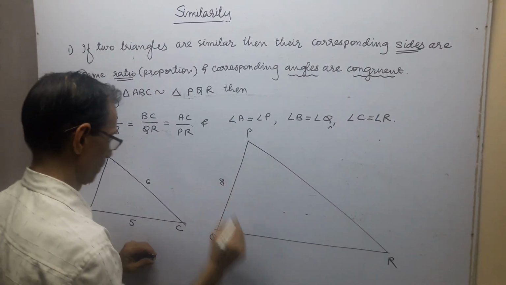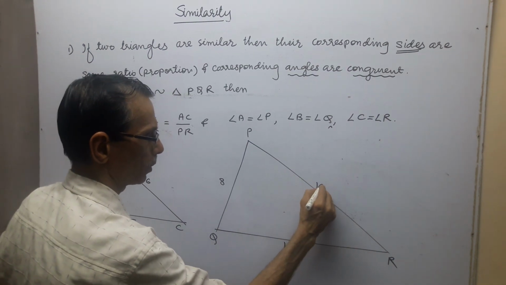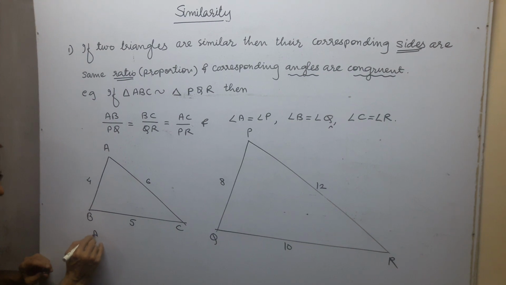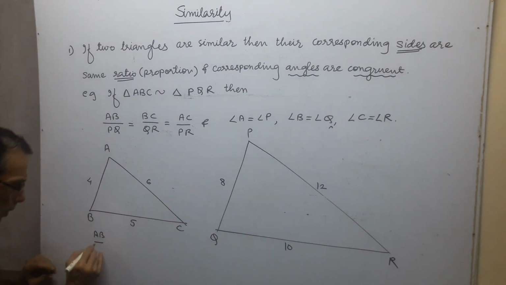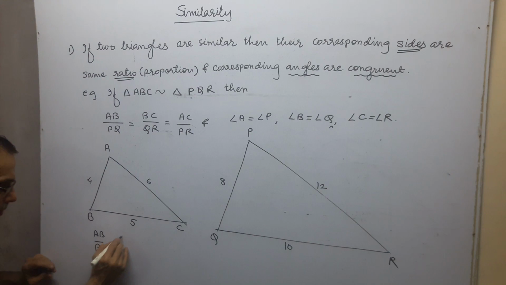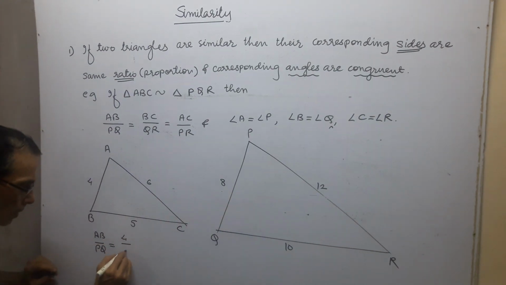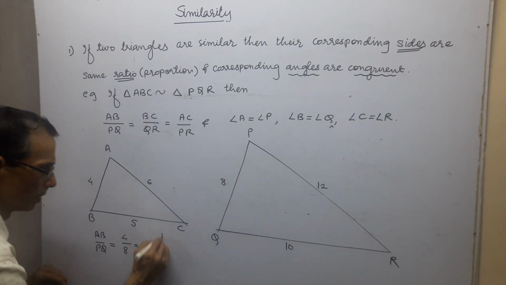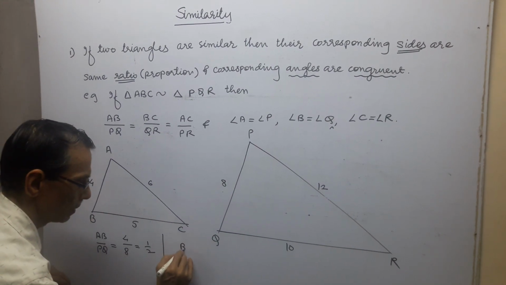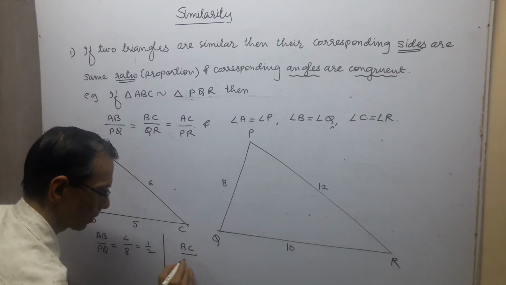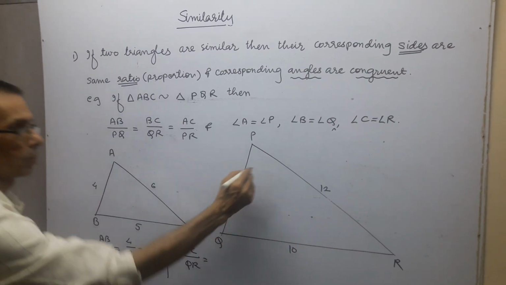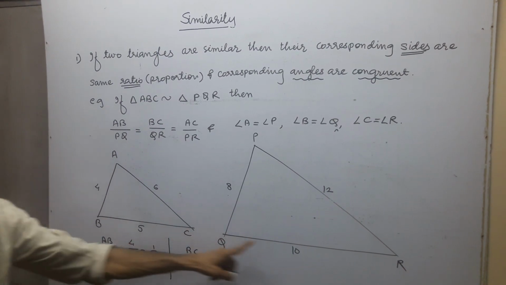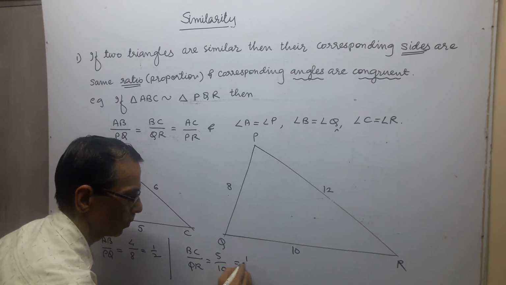Here it is 8, 10, and 12 centimeters. You will find that AB upon PQ is 4 upon 8, and that is 1 upon 2. Similarly, BC upon QR is also 5 upon 10, and that is 1 upon 2.